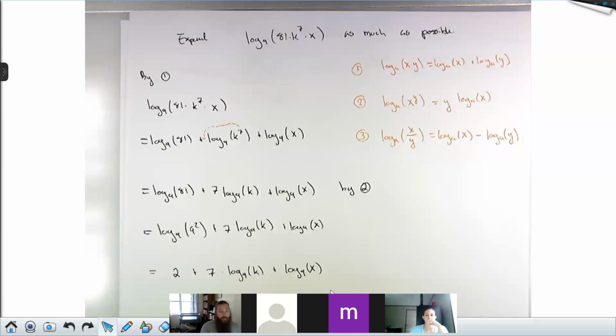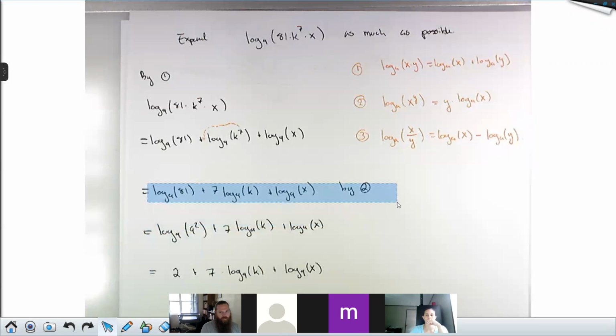There will be a problem like this on the test, where you have to take a log expression and expand it. This bottom line right here is our answer. This is as expanded as it can possibly get, and we also simplified it.